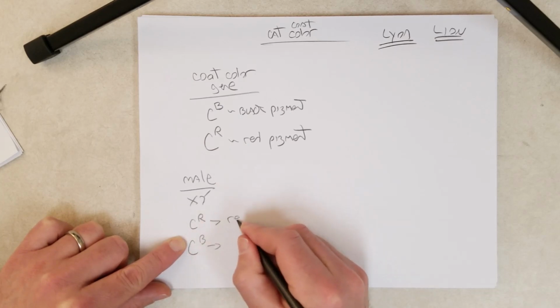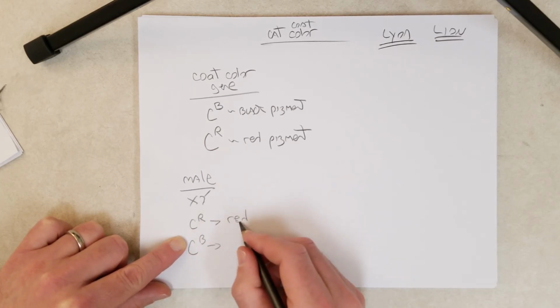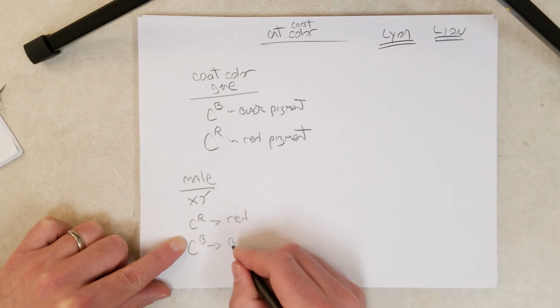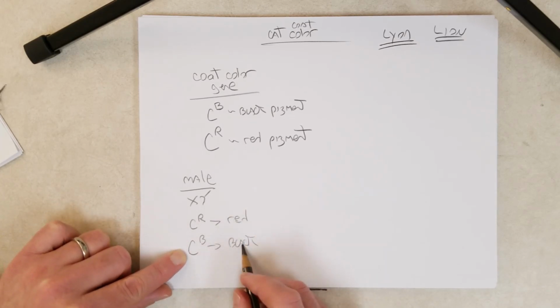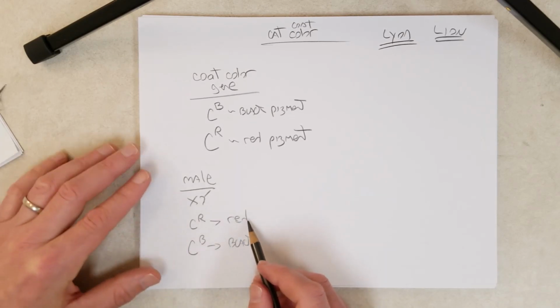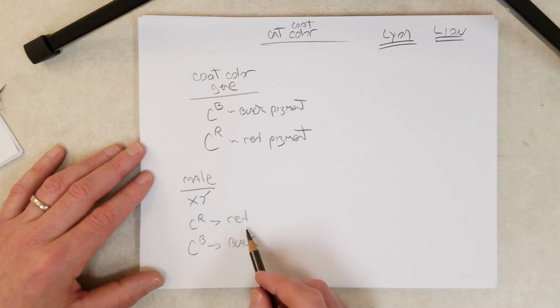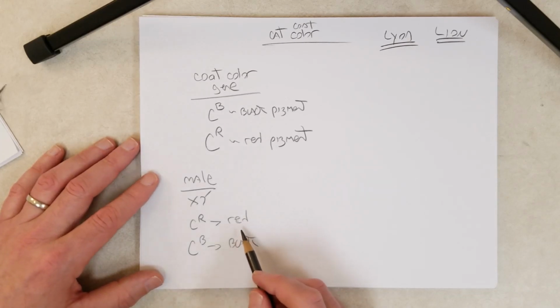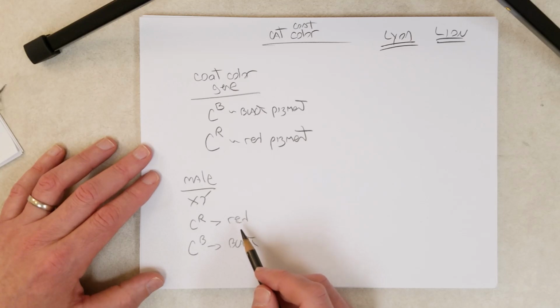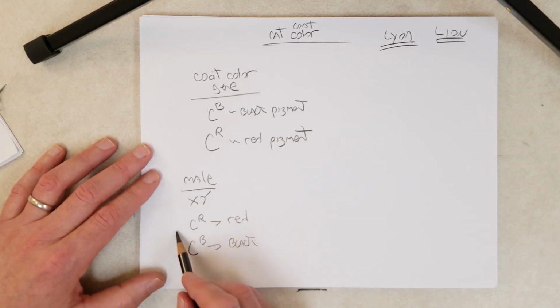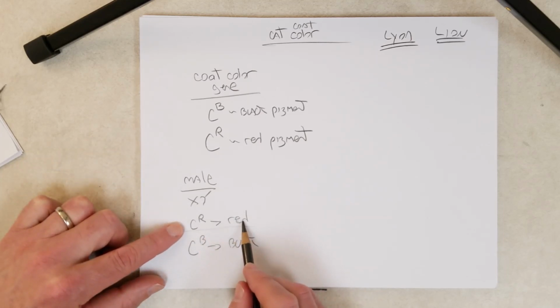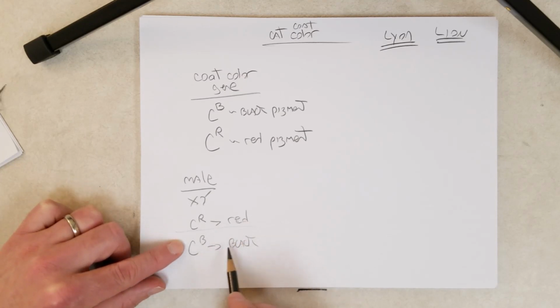So this is going to be a red cat or orange, and this one's going to be black. And we have brown and gray, and those are all different levels of pigment production that lead to those different shades of these colors. But males can be either a base color of red or a base color of black.